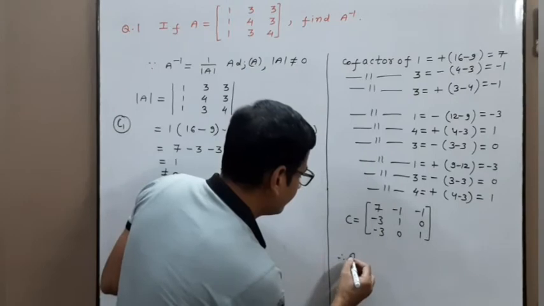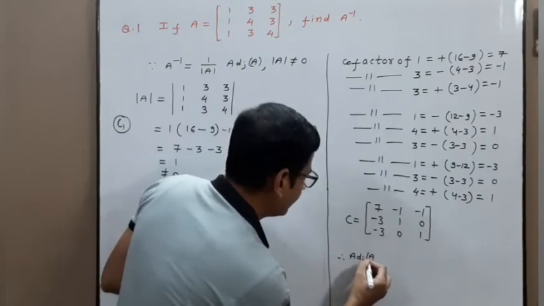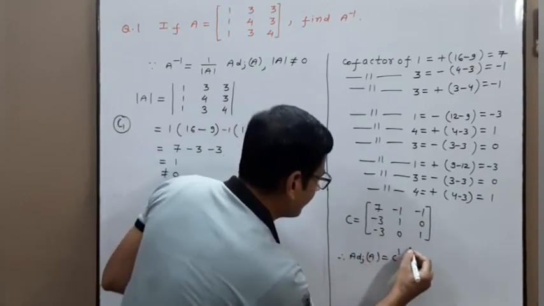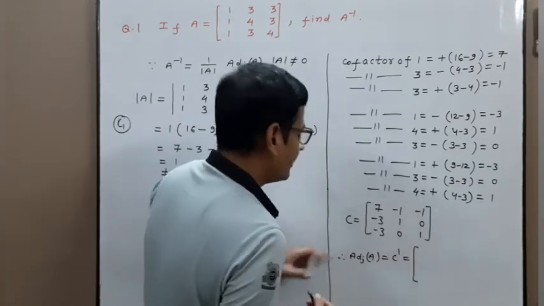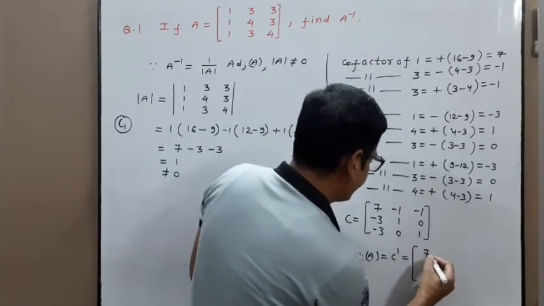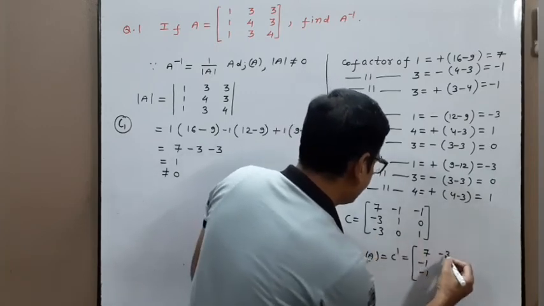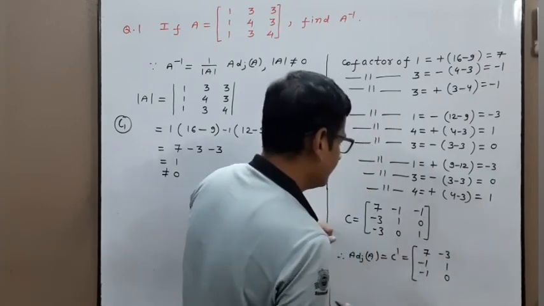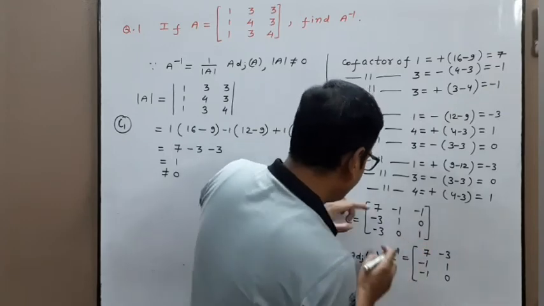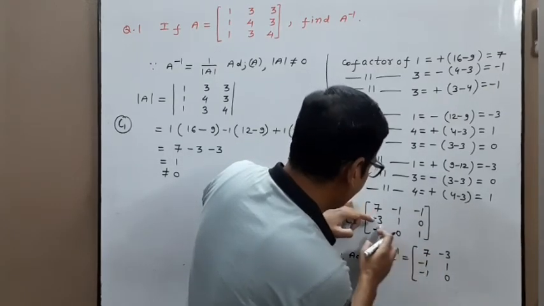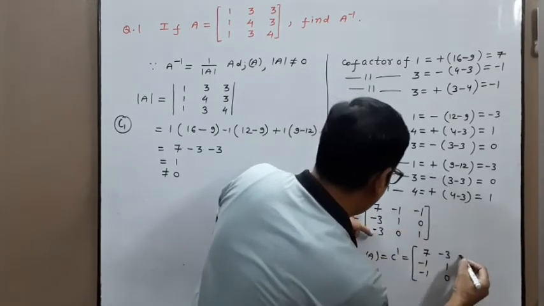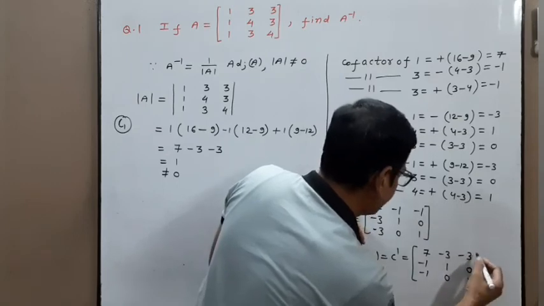Therefore adjoint A is equal to transpose of cofactor matrix. So write transpose of this: 7, minus 3, minus 3, then minus 1, 1, 0, and minus 1, 0 and 1.